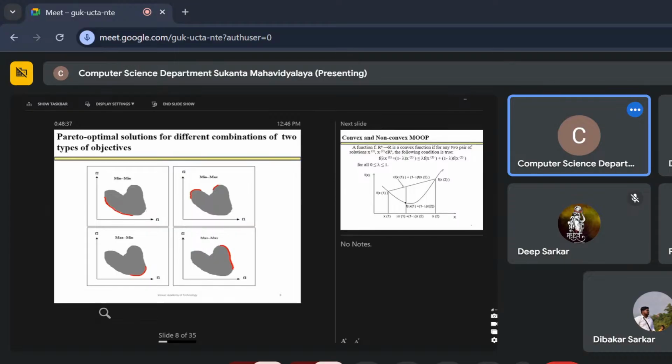Now there is a subtle difference, which I shall come to very soon, between the Pareto optimal solution set vis-a-vis the Pareto front. Both are very close to one another, but there is a subtle difference which I shall explain soon.